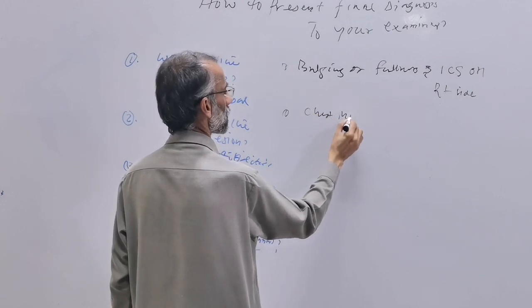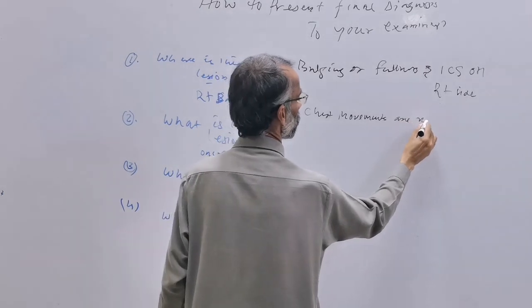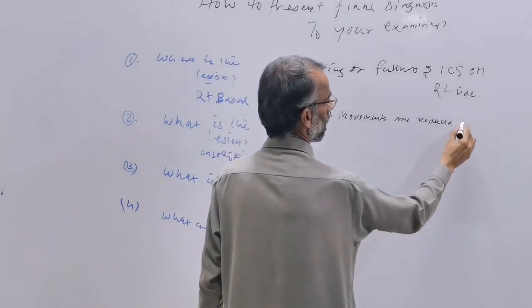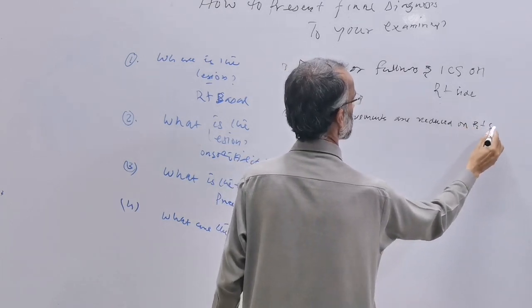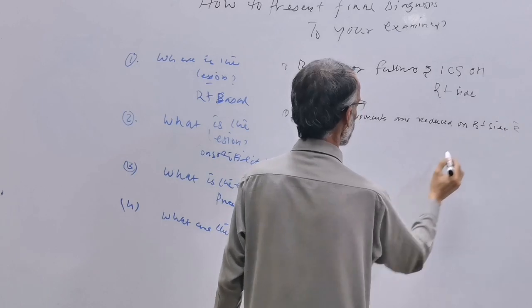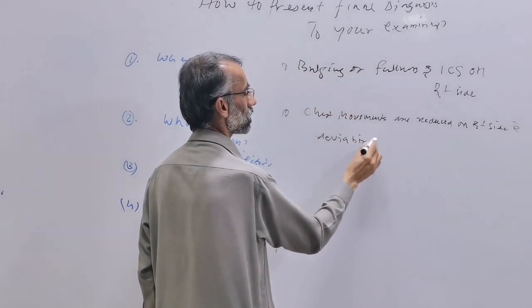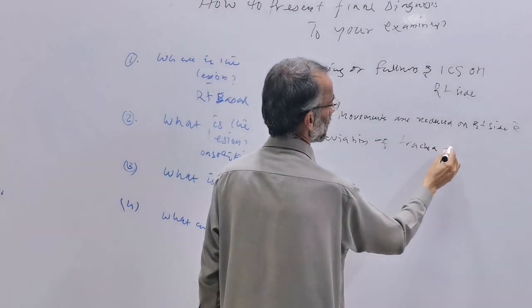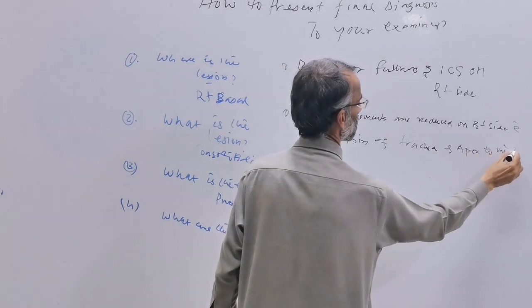Chest movements are reduced on right side with deviation of trachea and apex to the left.